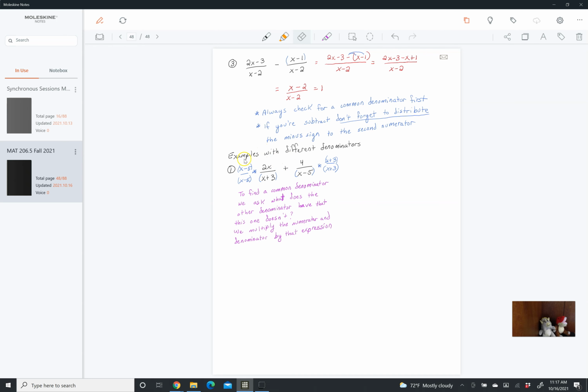Okay, so we multiplied the numerator and denominator by x minus 5. Okay, why do we do that? Because we don't want to change any values.